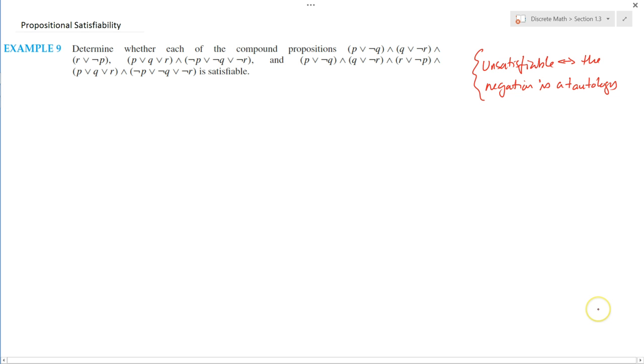So here's a handy rule that you can keep in mind. When we find a particular assignment of truth values that makes a compound proposition true, we have shown that it is satisfiable, and that's what we are going to see in this example here. If we can find such a combination of truth values that satisfies the expression, then we say that this truth assignment is the solution for this particular satisfiability problem.